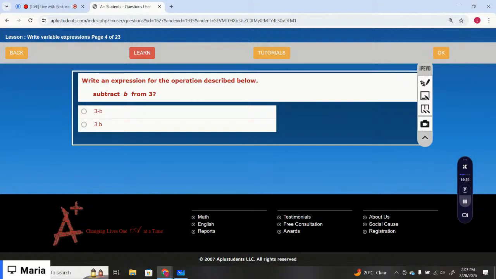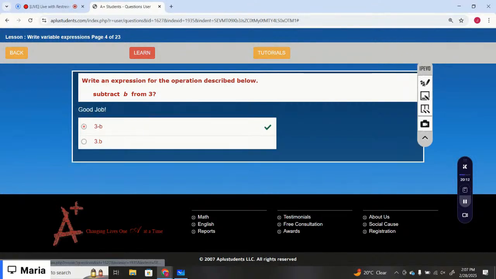Write an expression for the operation described below. Subtract b from 3. So which is the correct option? That is 3 minus b.